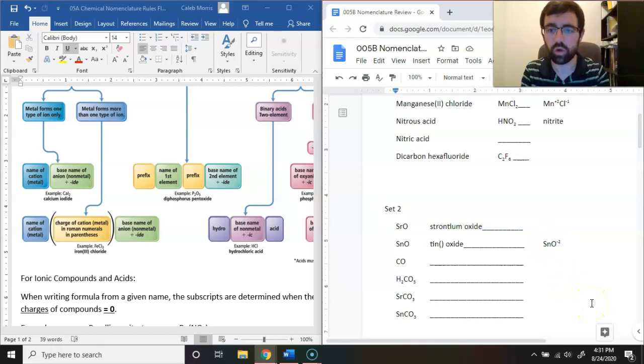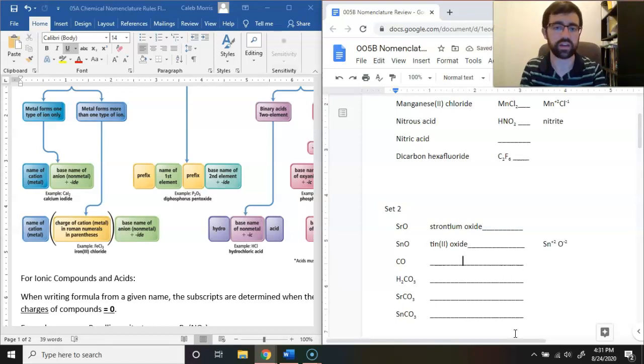Since there's only one Sn to work with, all of that +2 charge has to be on that. So I know now that my charge is +2, because it has to be in order to balance this out. The Roman numeral tells us the charge, so we write the Roman numeral 2. And that's how you find the Roman numeral.